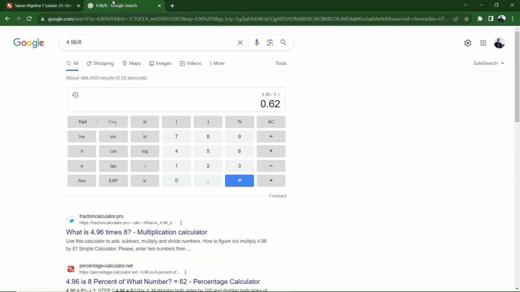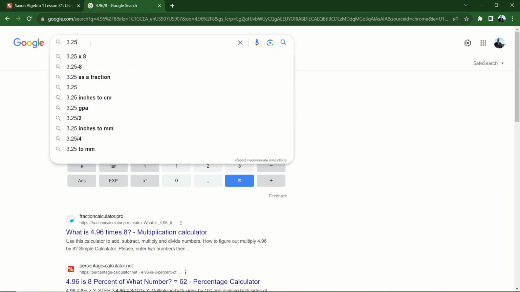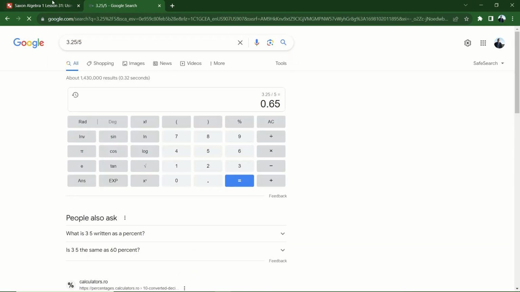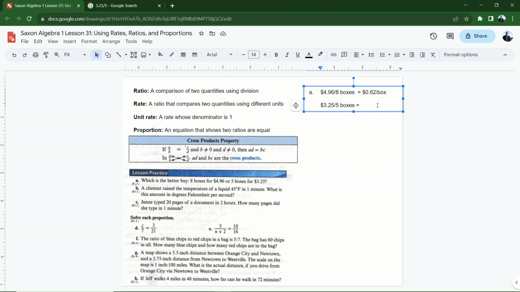So it's 3.25 divided by 5, which gives me 65 cents per box, $0.65 per box. Which one's the better deal? Well, as long as whatever I'm buying, I could use 8 boxes of it, this is less per box. So the unit rate shows me that this top one is a better buy. All right, letter B.